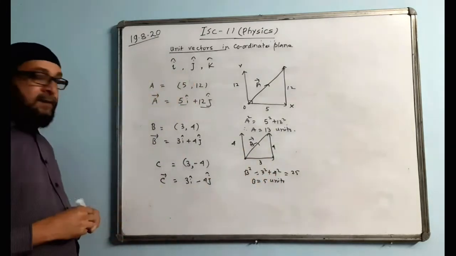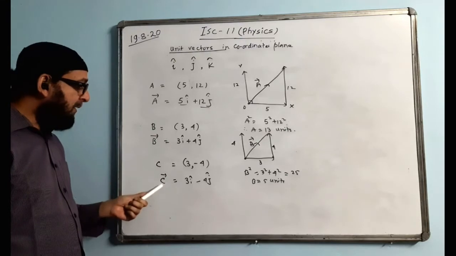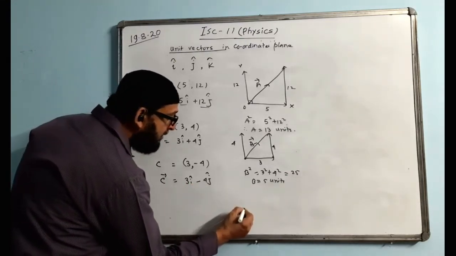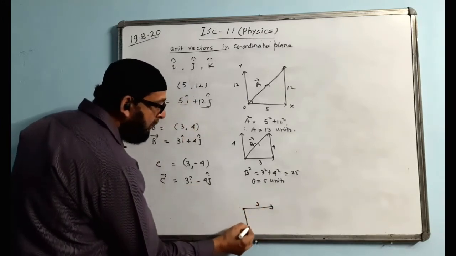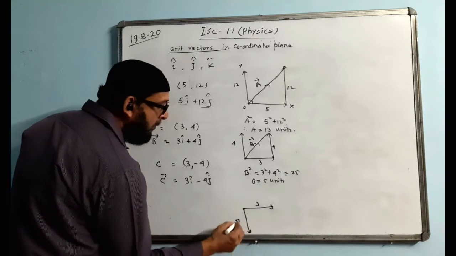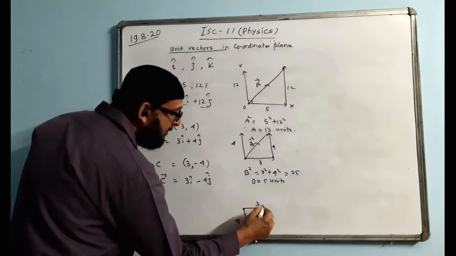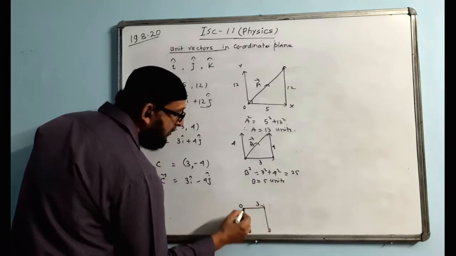In the same way, how to draw the diagram for the vector C, 3i minus 4j? For this, we draw like this: 3i is this side, 3 units, minus 4j will come down, this will be 4. That means you have to draw a triangle out here like this.